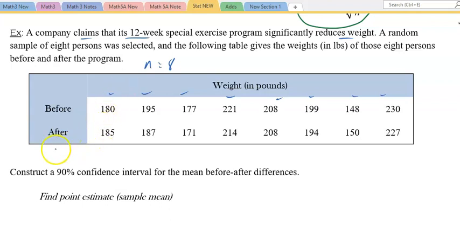So here's before, here's after. If I look for the difference, that would be a -5, that would be a -8, that would be a -6, a -2. These are the same. This is a -5, this is a +2, and this is a -3.